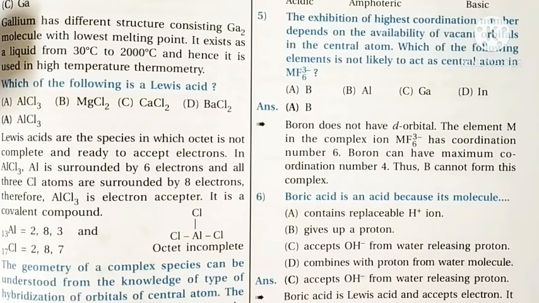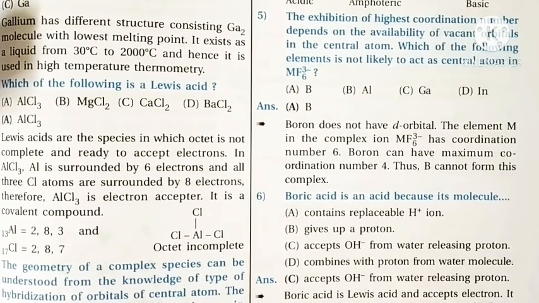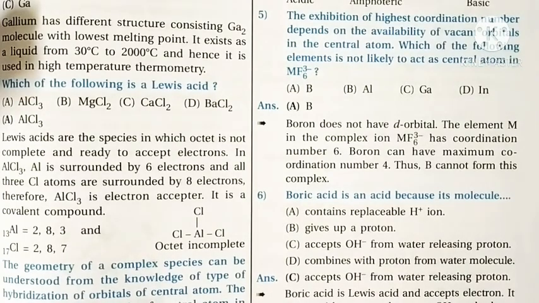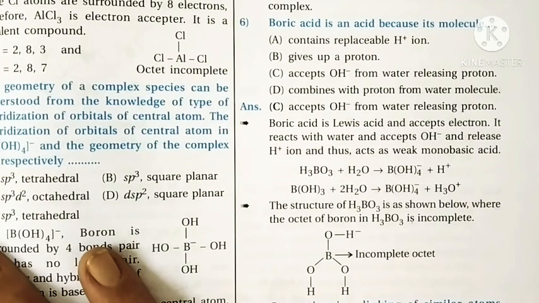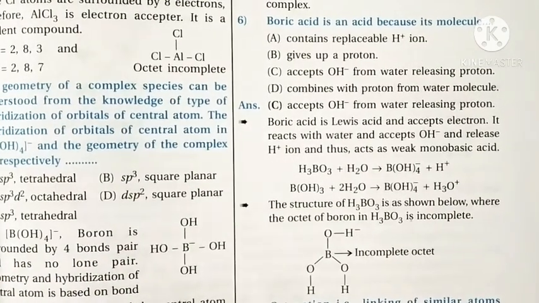Boron does not have d orbitals, so it can have a maximum coordination number of 4, so boron cannot form such a complex. Number 6. Boric acid is acidic because its molecule accepts OH- ion from water and releases a proton, as we already know.